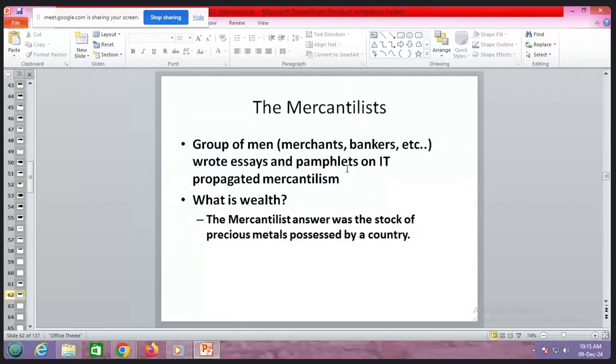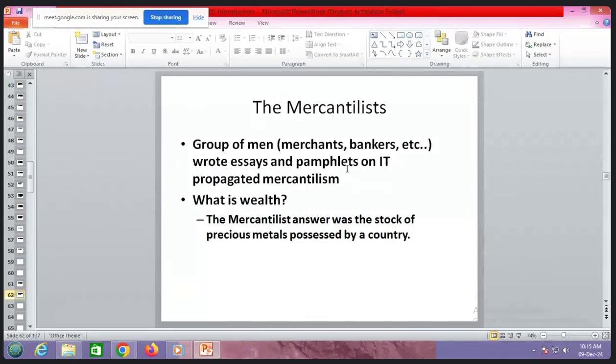Mercantilist theory says that any country which has a higher stock of precious metals is wealthy. So who is a rich country? Suppose there are two countries. One has a smaller stock of precious metal, the other one has a larger stock.